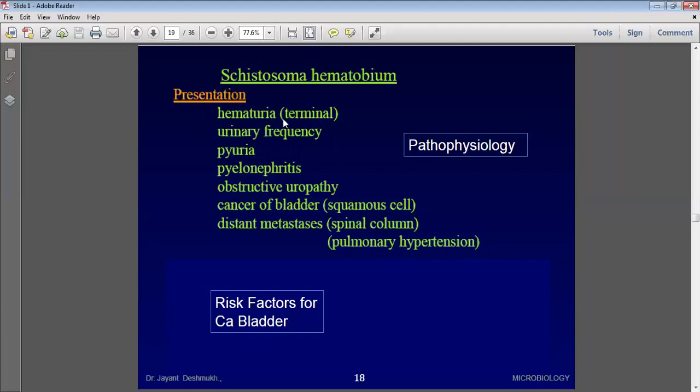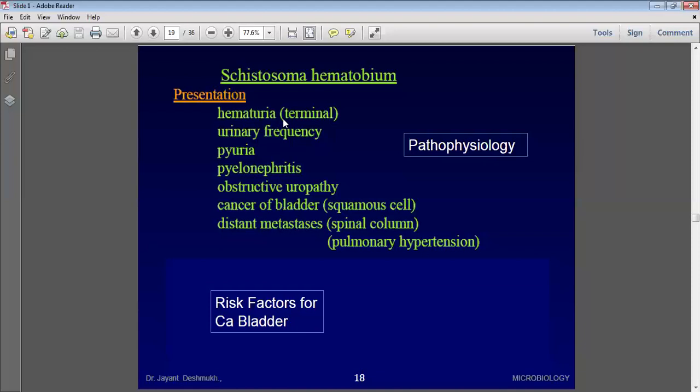Why hematuria? When the eggs penetrate the urinary bladder wall, at that time there is bleeding. Eggs with the blood enter into the urine. Then why terminal? Because this blood or the eggs are mostly present in the residual part of the urine. So in first flow, midstream, and last stream urine, in the last stream there is a reddish color, or when we collect it, we find RBCs in the urine.